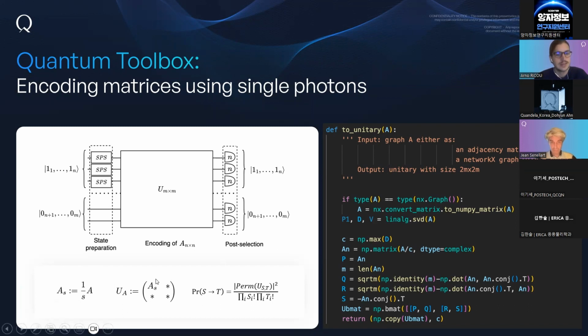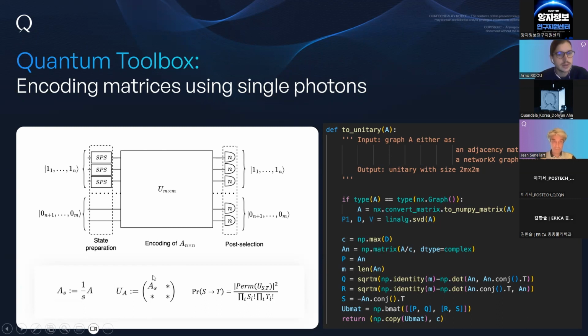And we dilate this matrix into a unitary one, because there's no reason this matrix is unitary, and we need a unitary matrix to implement it on our quantum computer. So we put this matrix AS in a bigger one, and we know that this bigger matrix is unitary, so we can then encode it onto our universal interferometer.